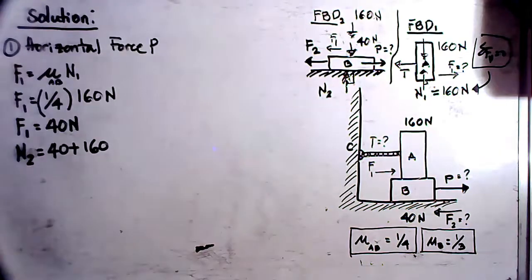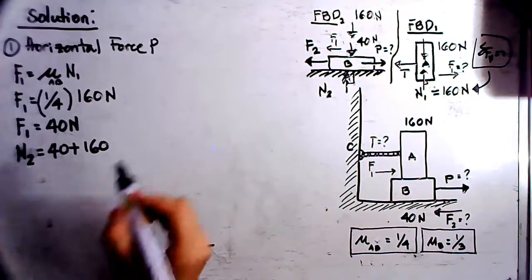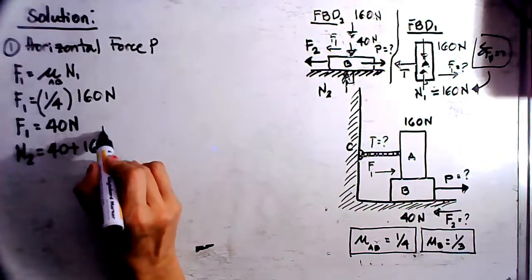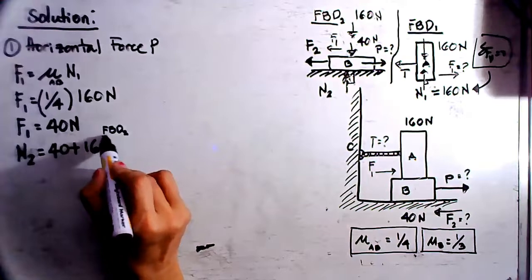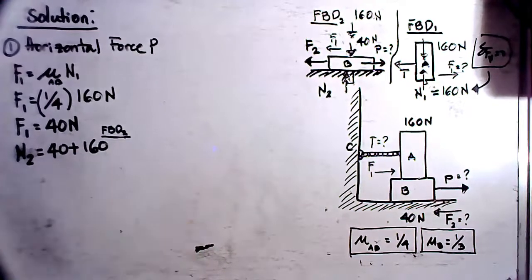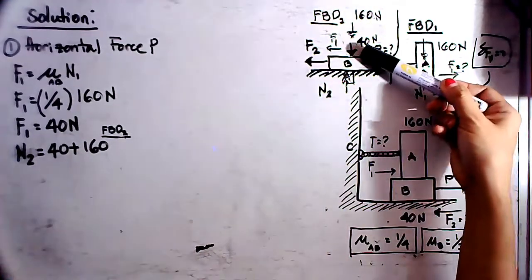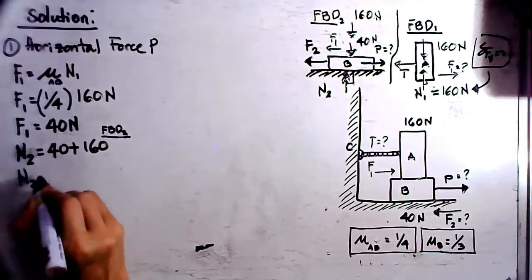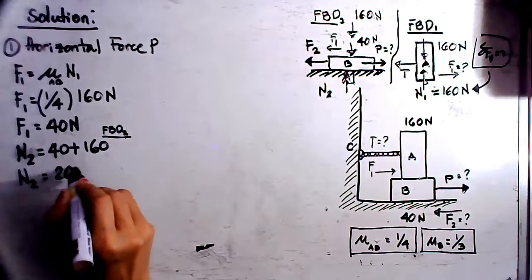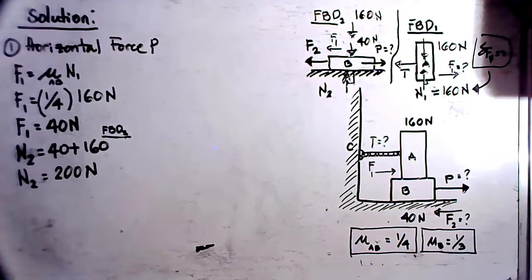From the second free body diagram, you would have 40 Newton plus 60 Newton. So that is N sub 2, which is equal to 200 Newton.